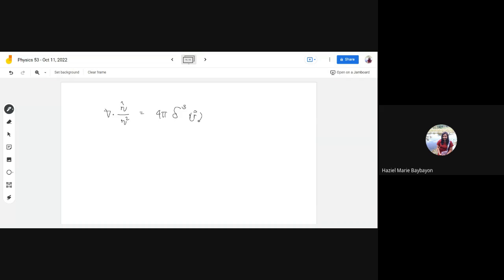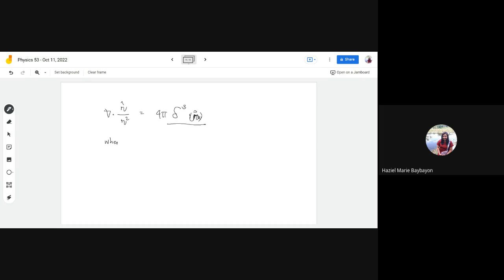Okay? So again, the Dirac delta function only has value for R equal to 0, or if R is at the origin. Sorry, this should be written as the separation vector R.